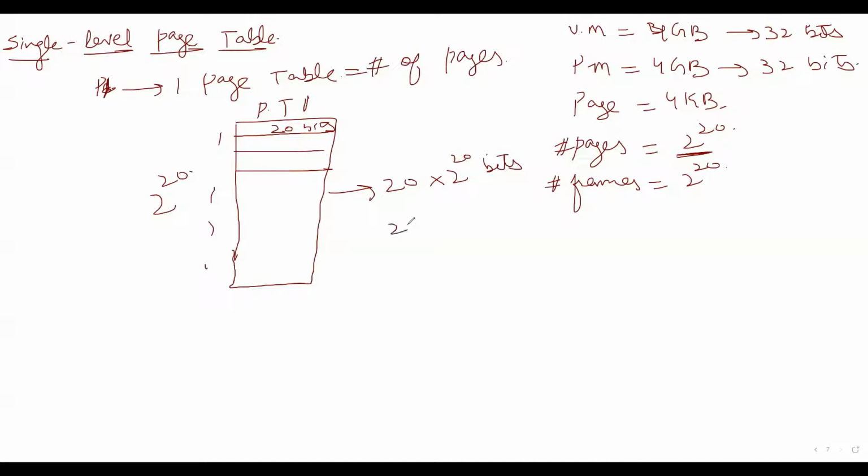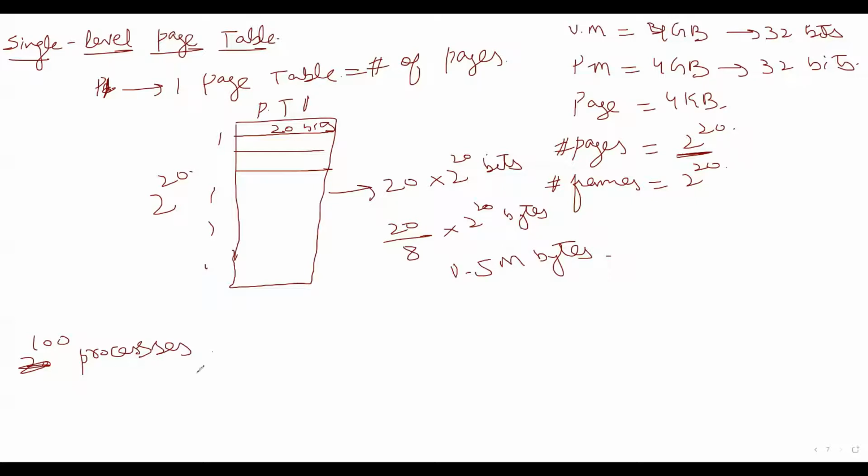I can write it as 20 divided by 8 into 2 raised to the power 20 bytes. So that is 20 divided by 8, which is about 2.5 megabytes. So it is for one process. Let's suppose I have 100 processes.